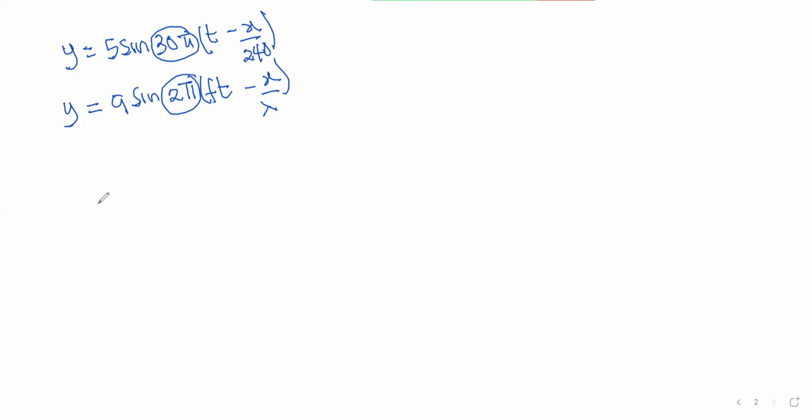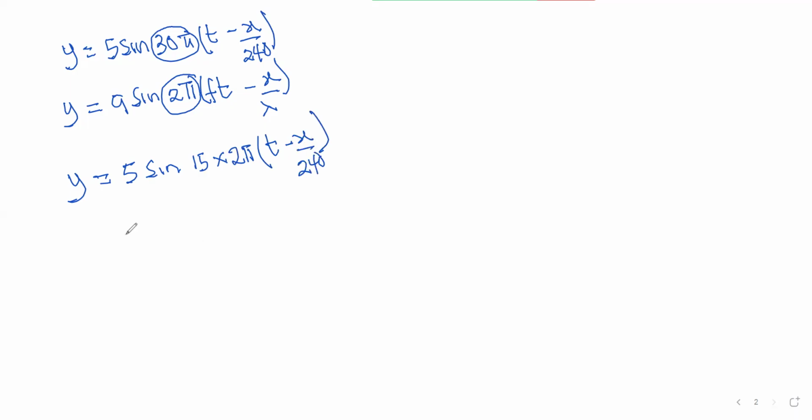The best way I can compare is if I manipulate what I'm given to look like 5 sine of 2π times something, because I know 15 times 2π would give me 30π.